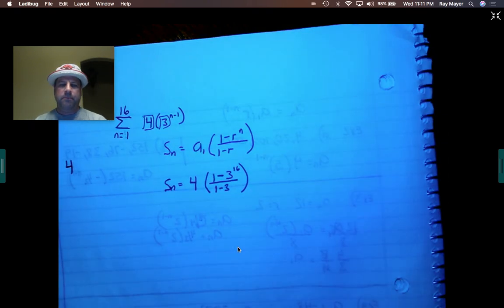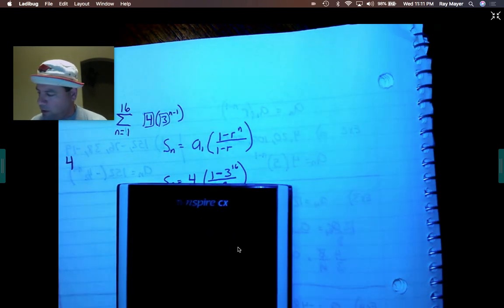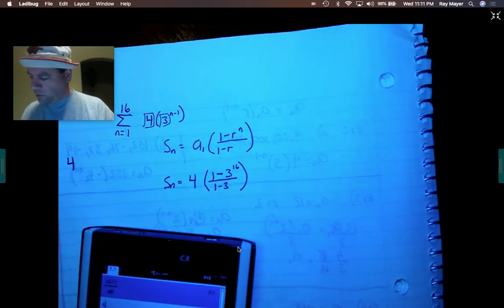All right. And from here, I just plug and chug, start going to town. Let's see if my calculator is smart enough to handle this. Turn it on. And I'll just do 4 times parentheses 1 minus 3 to the 16th power.